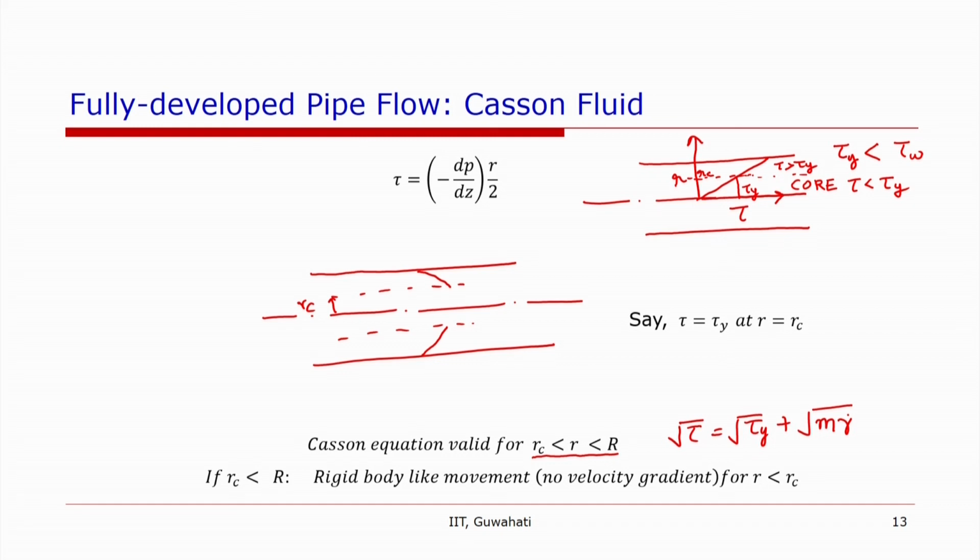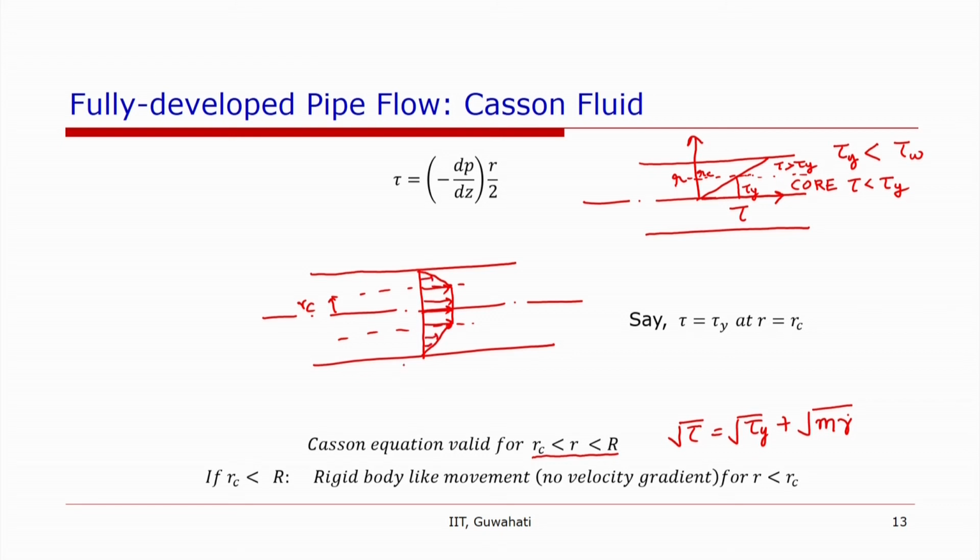Now at the interface, or at R equal to RC, from this equation we will be able to find out the velocity, and the velocity in the core region will be the same.